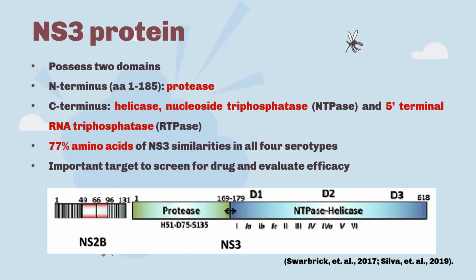Another protein, known as NS2B, is the cofactor of the dengue serine protease. Its association with the NS3 protease domain is essential for the proteolytic activity to be carried out at its full capacity. Due to the importance of the proteolytic event in the life cycle of dengue virus, NS2B-NS3 is an important target for drug screening in search of antivirals against dengue.